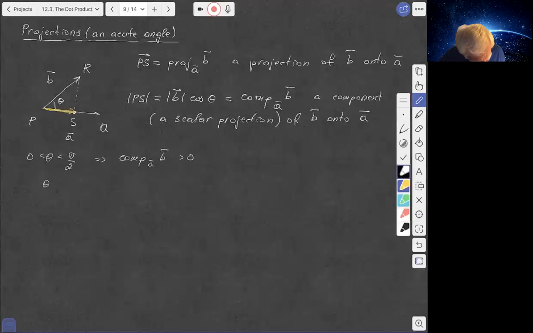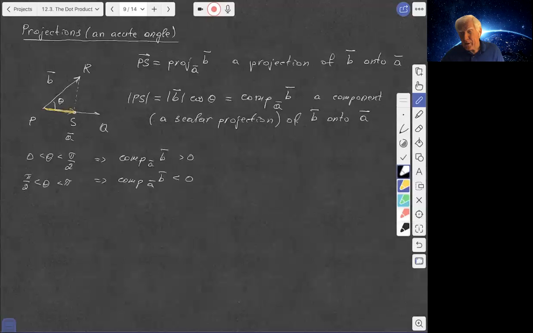While when theta is between pi over 2 and pi, then the component is negative. So when finding it, be a little bit careful with the sign of the component of B onto A.